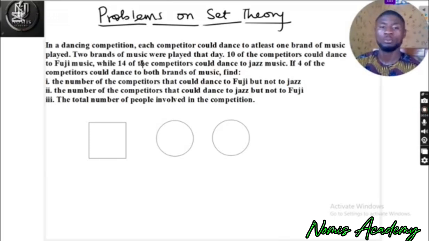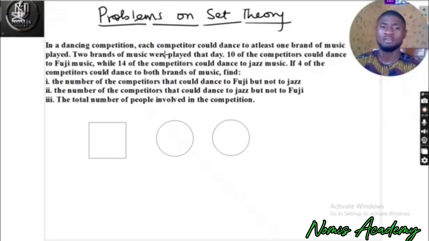If 4 of the competitors could dance to both brands of music, find one, the number of the competitors that could dance to Fuji but not to jazz, the number of the competitors that could dance to jazz but not to Fuji, and the total number of people involved in the competition.